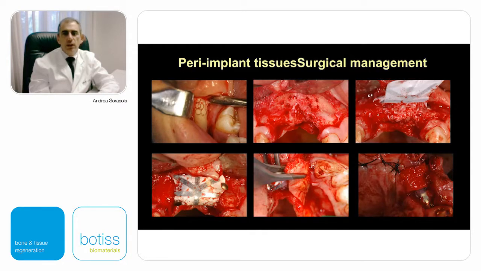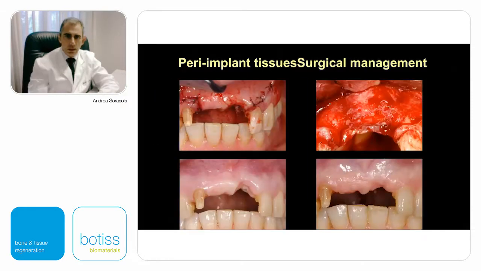Then I pediculated a connective tissue. For the surgical re-entry to remove the non-resorbable membrane and insert the implants, we can notice in the top right picture the bone regeneration achieved. Just as in the two pictures, we can notice before and after the amount of mucosal tissue obtained without scar tissue.